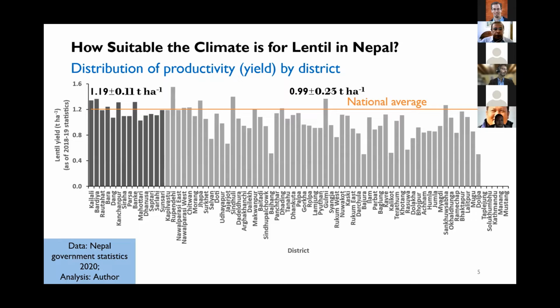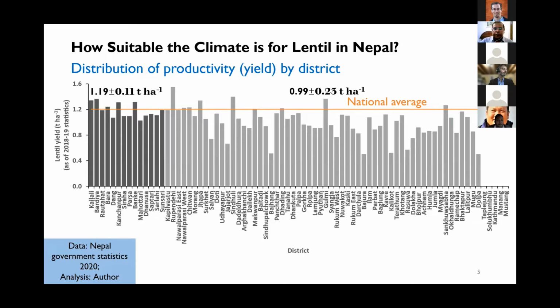Now, in terms of productivity, expressed as ton per hectare, it varies with the lentil-producing districts. In the 14 districts contributing 80% of the national lentil area and production, the average yield stands at 1.19 ton per hectare, which is close to the national average of 1.2 ton per hectare.